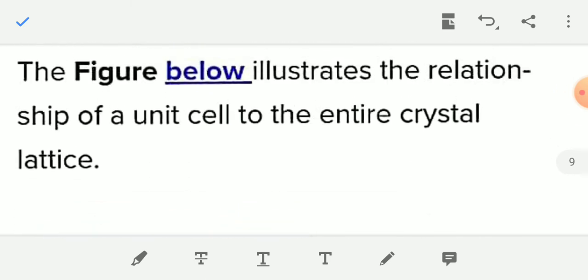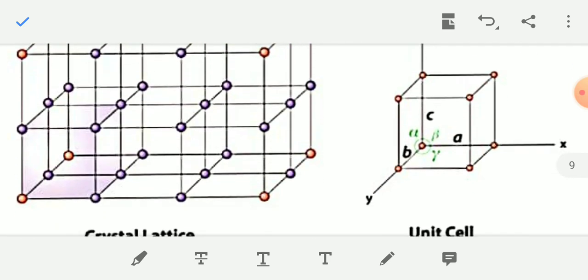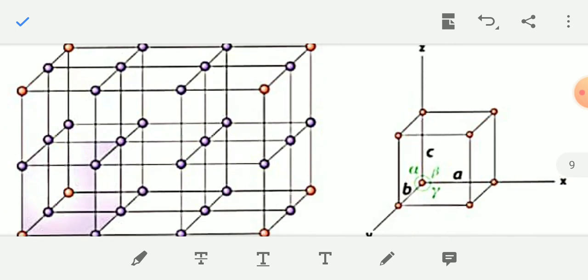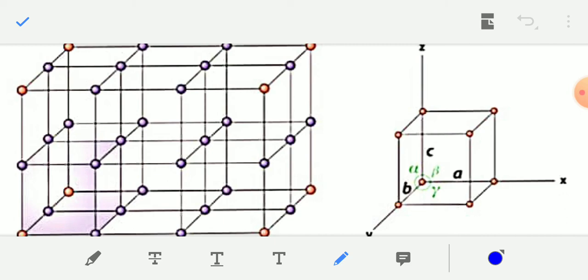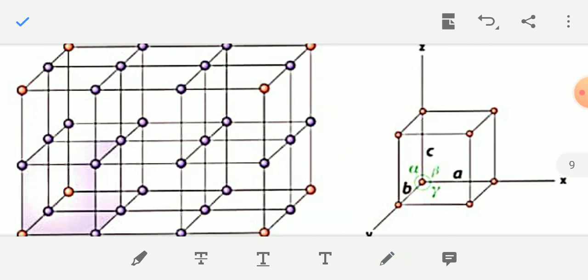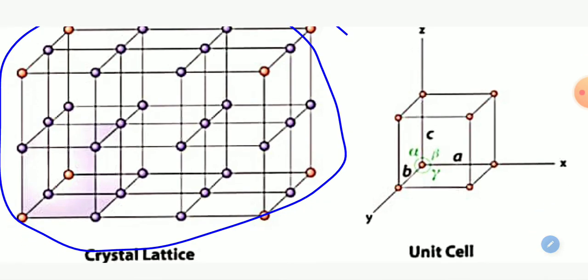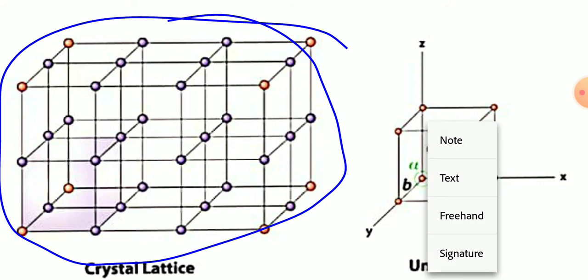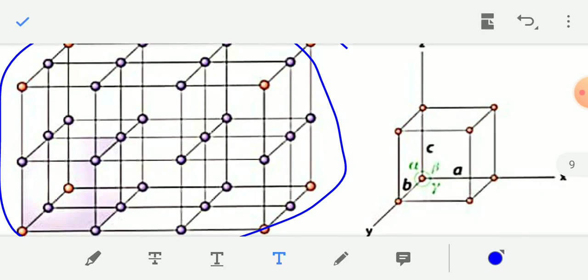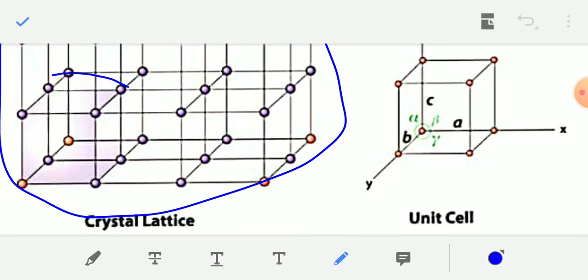And different types of unit cell are shown here, you can see this picture. This is a three-dimensional unit cell. Sorry, this is a three-dimensional crystal lattice, and the smallest portion, this one, is the three-dimensional unit cell.